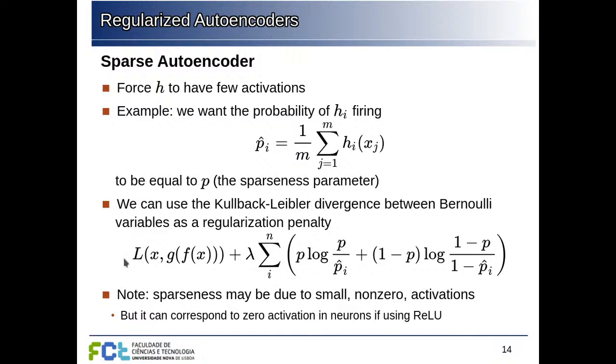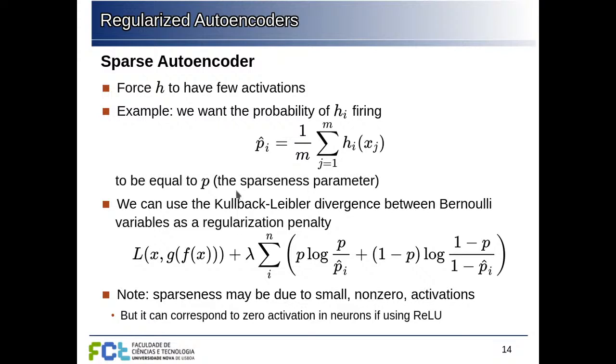So we can add to the loss function that measures the error between the input and the output, for example, the quadratic error, with a small regularization parameter, a measure of the difference between the way the neurons are firing and the probability with which we would like them to fire. For example, 2% or something like that.